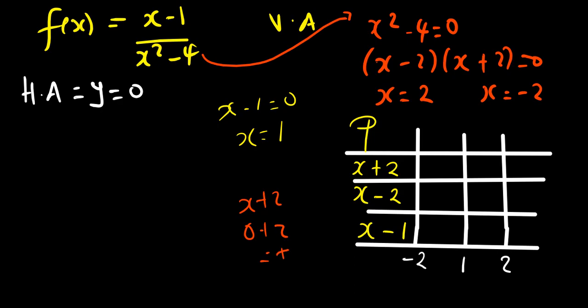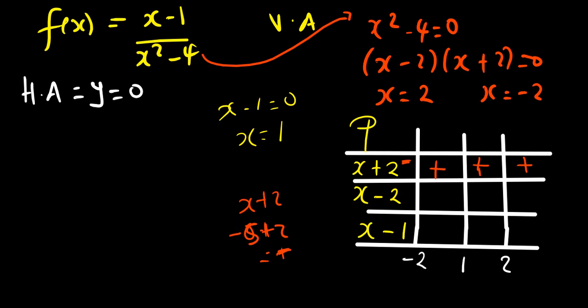So this one will be positive going this side. All of them will give you positives this side. But if you get a number that is less than negative 2, let's say you get negative 5, negative 5 plus 2, you realize that you have a negative number, so this will be a negative here.